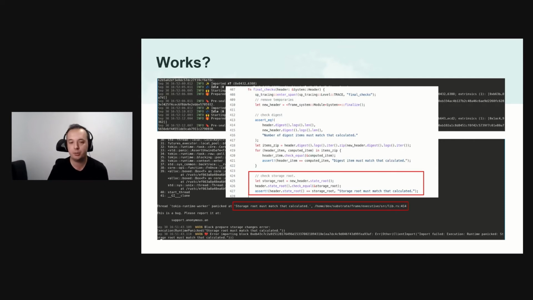In that particular scenario, what's wrong is the storage state. All the transactions are just a high level abstraction over key value storage that represents the state of the blockchain. And after executing the block, the state root doesn't match the one we expect it to be.